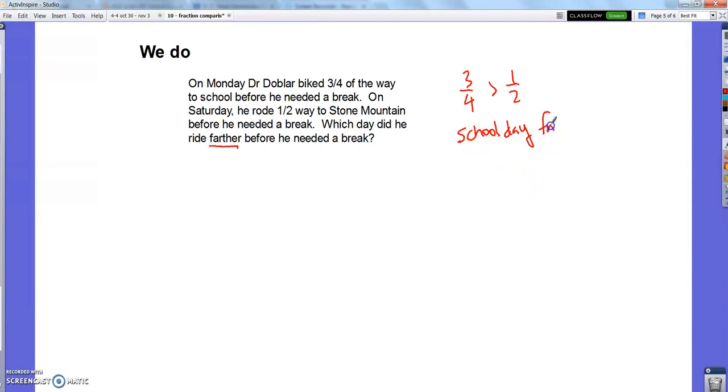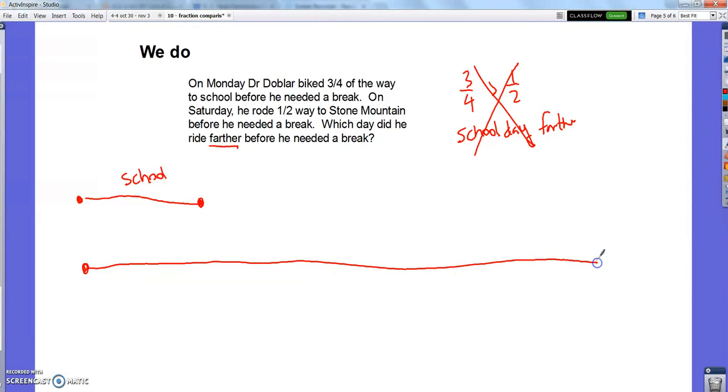Right? That's what you would want to say. School day was farther. But that's not necessarily true, because I'm not comparing the same thing. If you want to know some distances here, when I bike to school, I'm biking like 3.5 miles. When I bike to Stone Mountain, I'm biking like 11 miles. Right? So I'm not comparing the same rides.